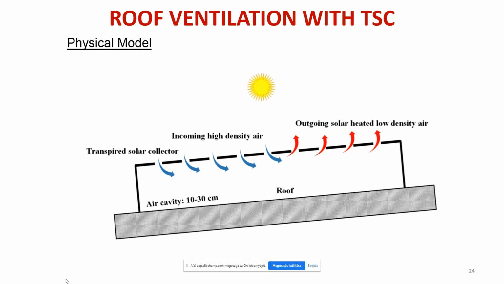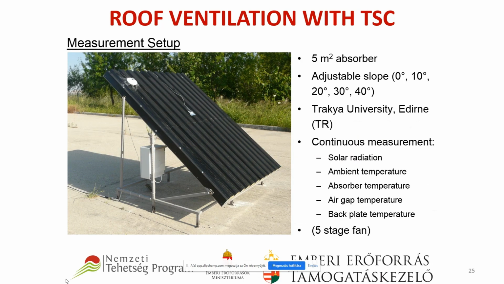So this discharging into the inside of the air gap. We had a measurement setup in Edirne, Turkey, of 5 square meters of absorber with an adjustable slope, and we were measuring solar radiation, ambient temperature, absorber temperature, air gap temperature, and backplate temperature.